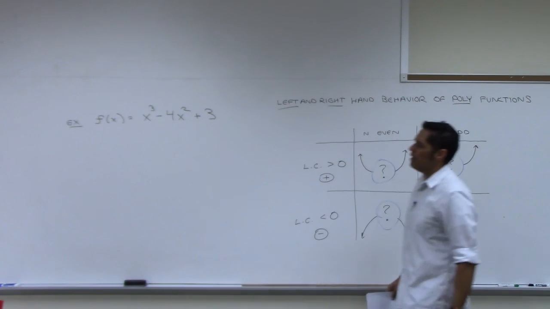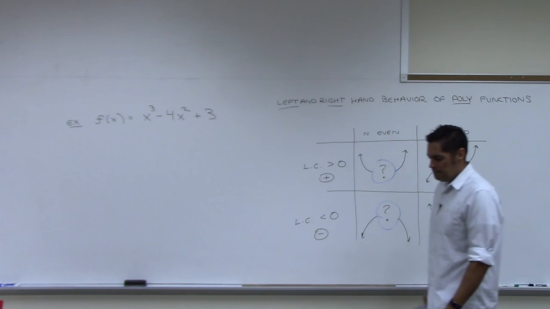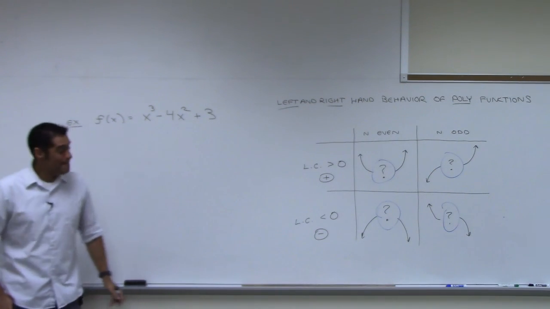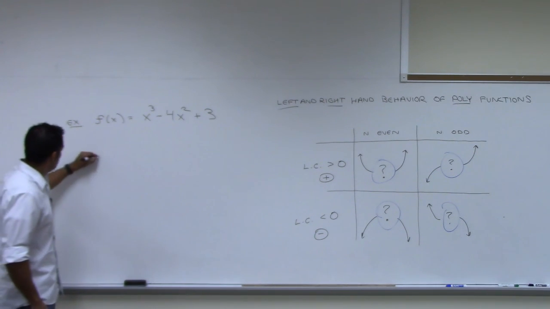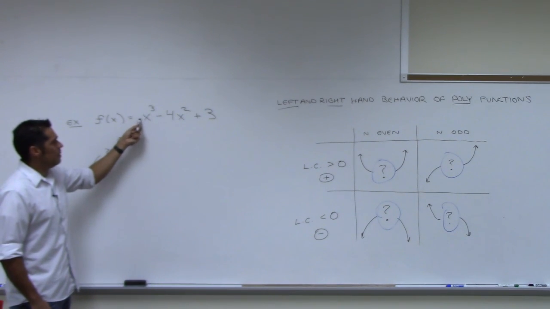Now you can tell me for that one the left and right hand behavior, can't you? What is it? Down on the left, up on the right. So this goes down and then up, odd, positive, right?